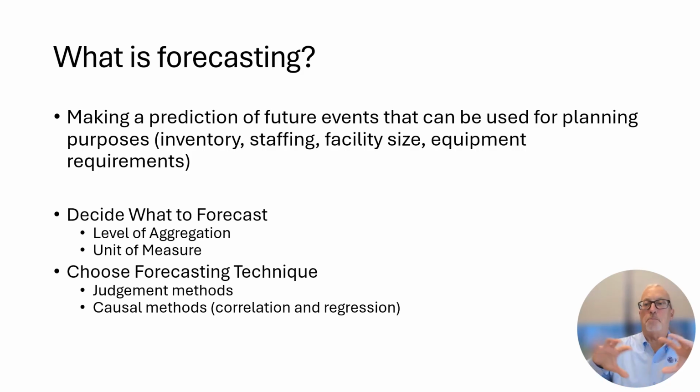Regression allows you to put multiple variables in to predict your quantity sold. So you could use temperature, economic condition, I don't even know, month of the year, phases of the moon, whatever multiple things you want to put together, and regression will allow you to blend those together into your forecast, how many units you're going to need in the future.